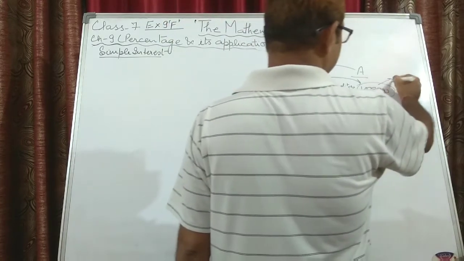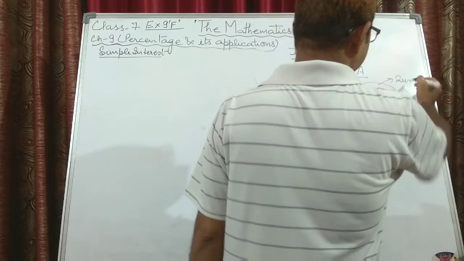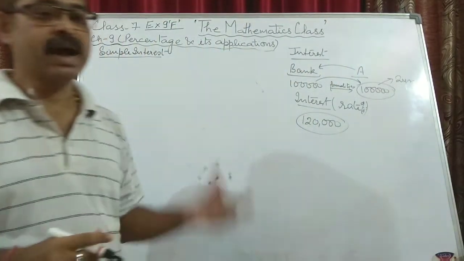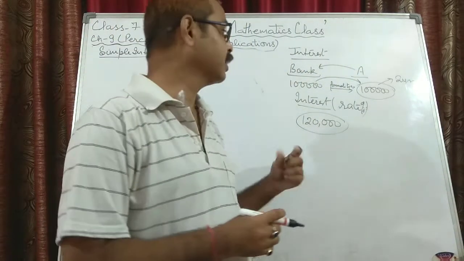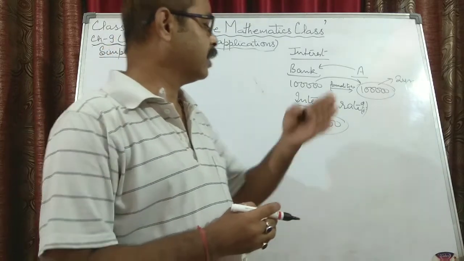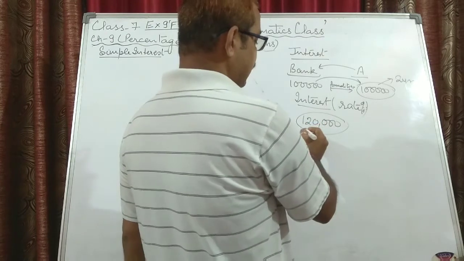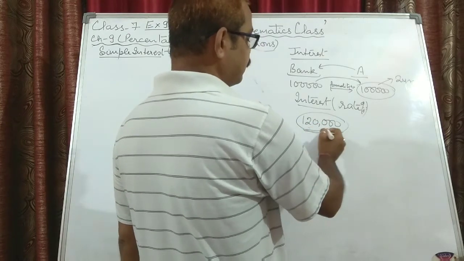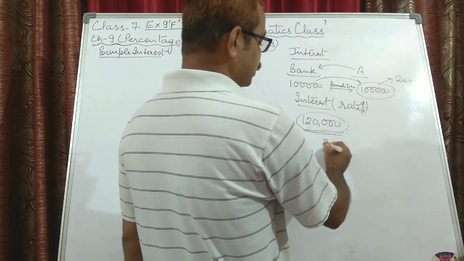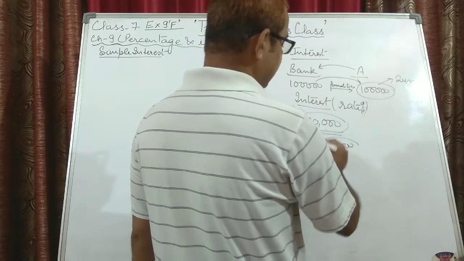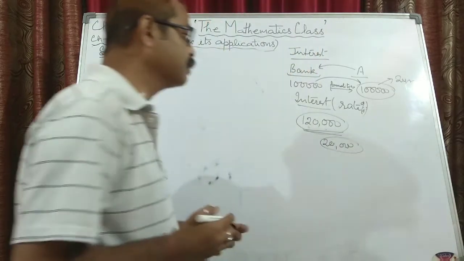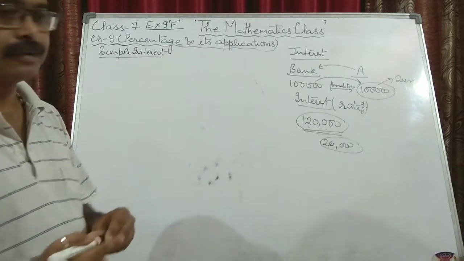Suppose he took this for 2 years. Now time is also very important. The bank gives the loan for a certain period of time. So after 2 years, suppose he has repaid 20,000 extra. This 20,000 is the interest that is being paid by the person to the bank.